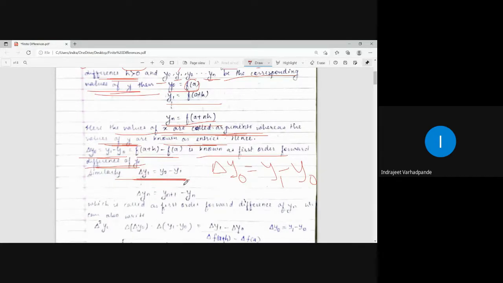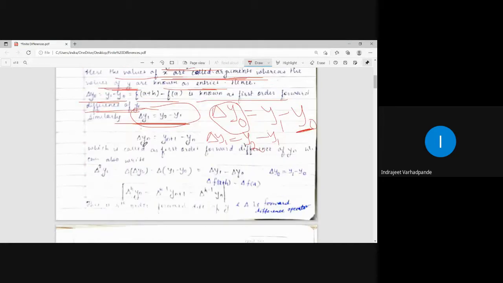So in general, whenever I am calculating, delta y naught means y naught will be subtracted. Delta y1 means y1 will be subtracted from the next term. What is the next term? It is y2. So y2 minus y1 will give you delta y1.